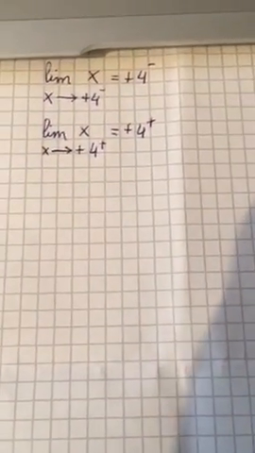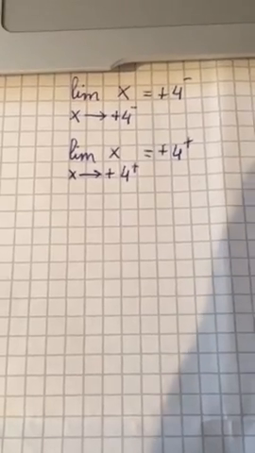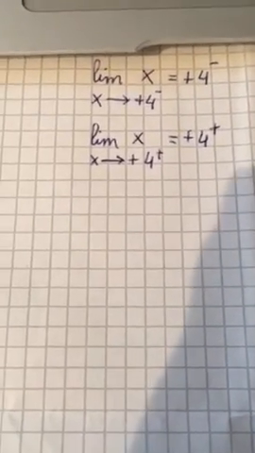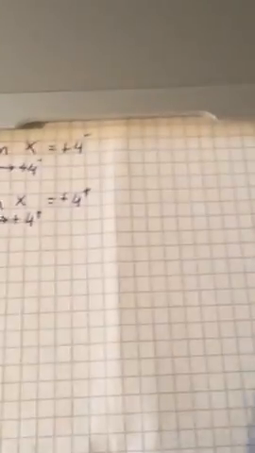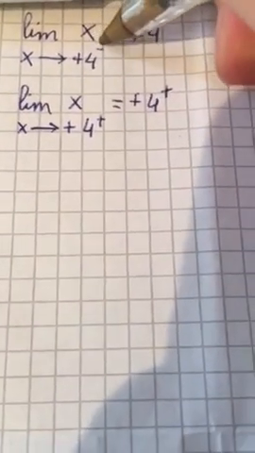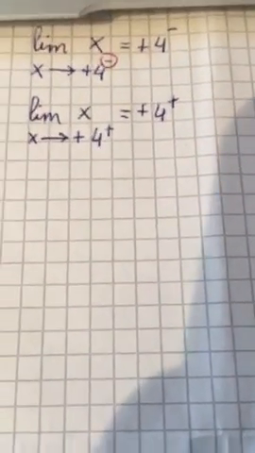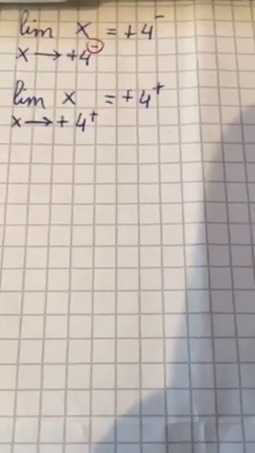Okay. If we want to calculate the limit of x as x approaches plus or minus, we just have to consider this function as it approaches plus 4 from the left, while here, if we want to know the limit of x as x approaches plus 4, we have to consider the function approaching the value from the right.